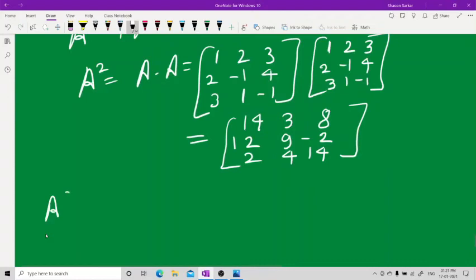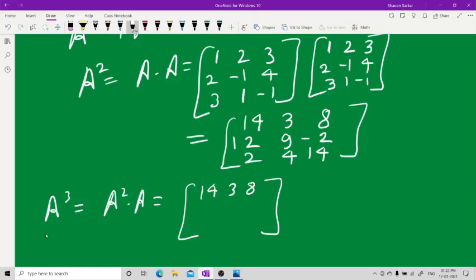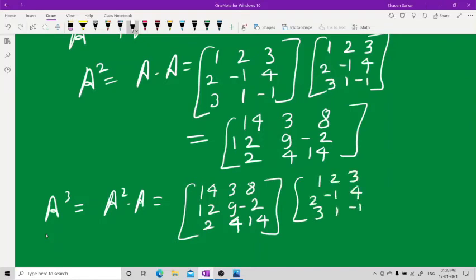Now you need to find A cube. A cube is A square into A. Now you have 14, 3, 8, then 12, 9, minus 2, then 2, 4, 14, and then you have 1, 2, 3, 2, minus 1, 4, 3, 1, minus 1.